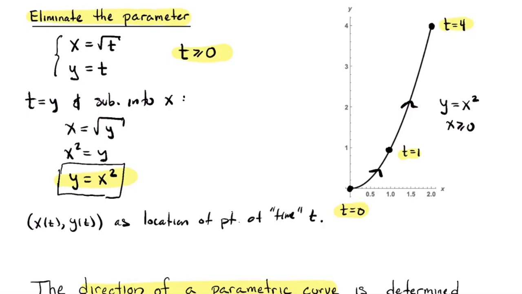It doesn't have to be time, but it's one context. And so the graph of the parametric equations is just the path of motion, and the direction is just the direction of motion. It's which way you move along that path.